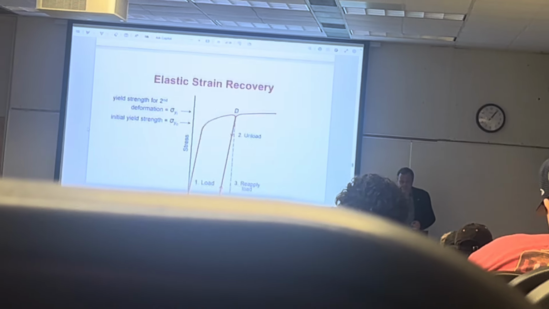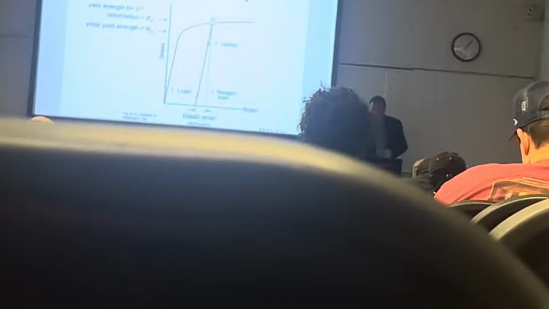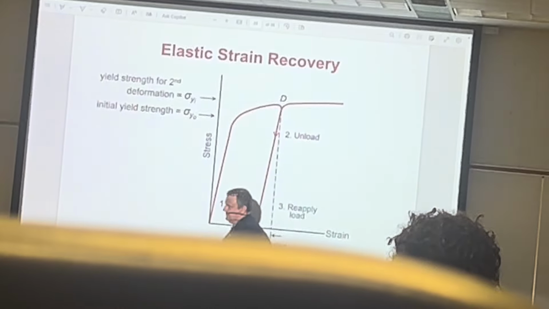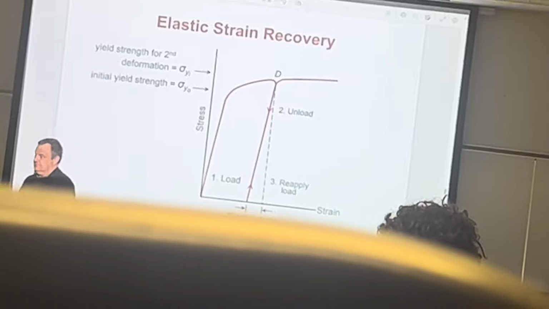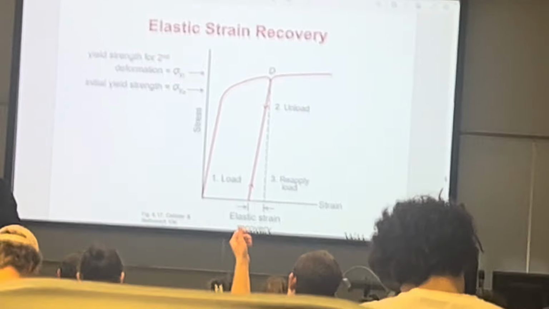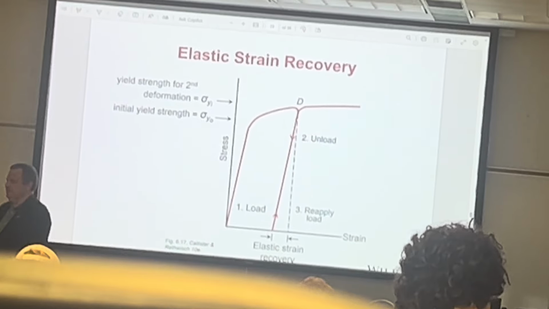What is the practical application? Practical application is very important. If you take a paper clip and start bending it, and you're super sensitive to what you're trying to sense with your finger, you would realize that the second time you bend it, it's a little harder.